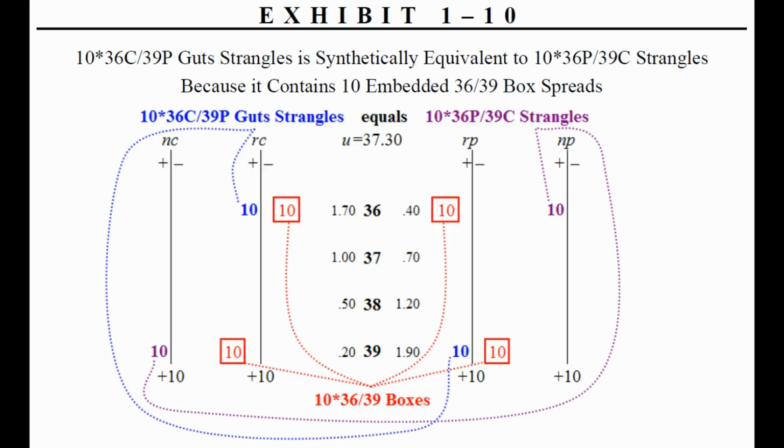And the 39 puts that are going for 190 are worth at least 170. They only lose 20 cents, the same 20 cents that's in the out of the money call. In other words, it holds the $3 of value. The in the money amount for the put, the 170, plus the in the money amount on the call, the 130, adds up to $3 because there's an invisible box in there.